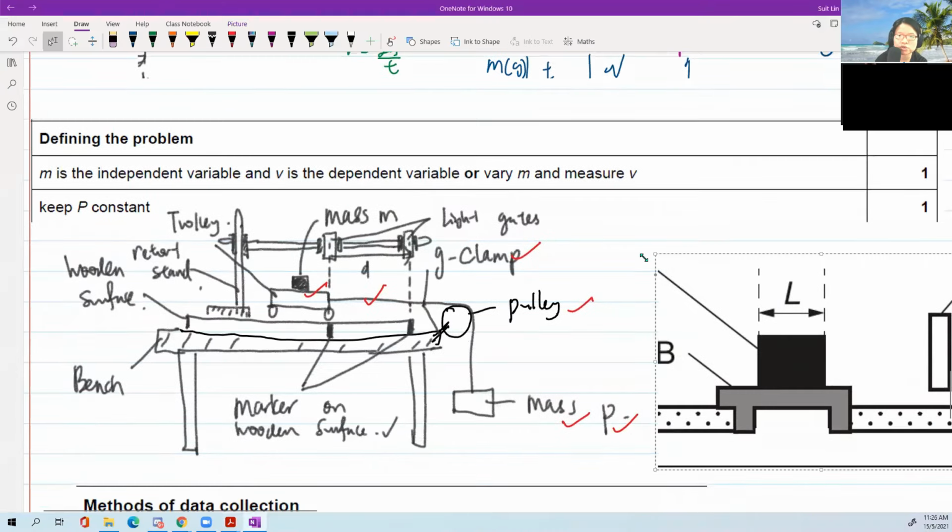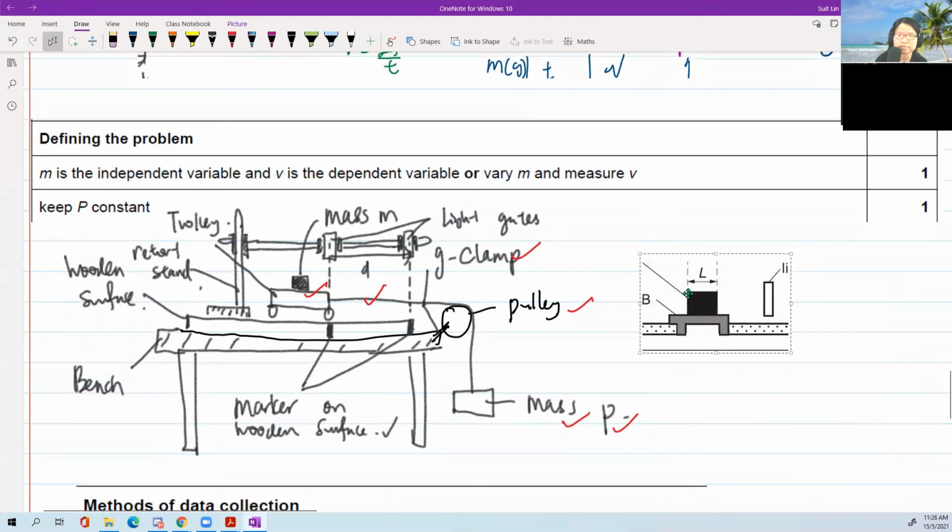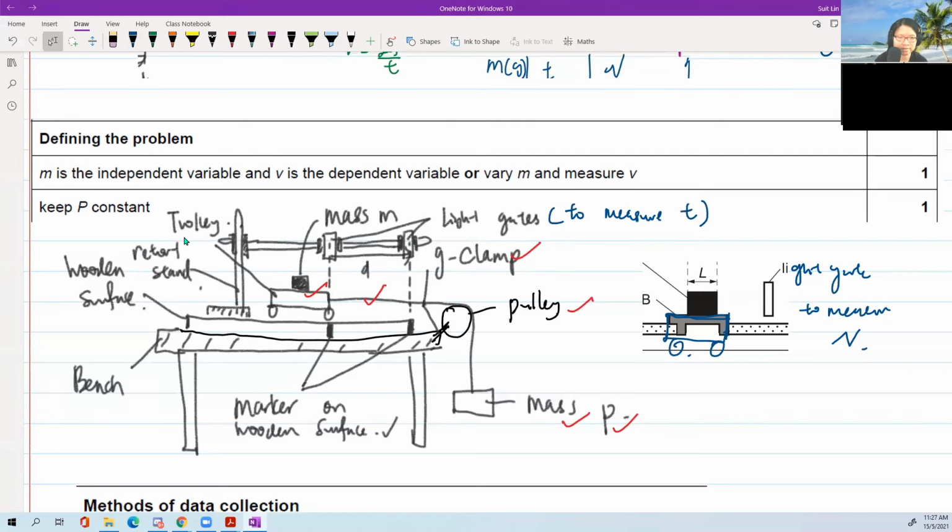If let's say you want to use the light gate to measure, this is your trolley. Instead of your glider, you put a trolley here. So this is light gate to measure V. This is light gate to measure T.